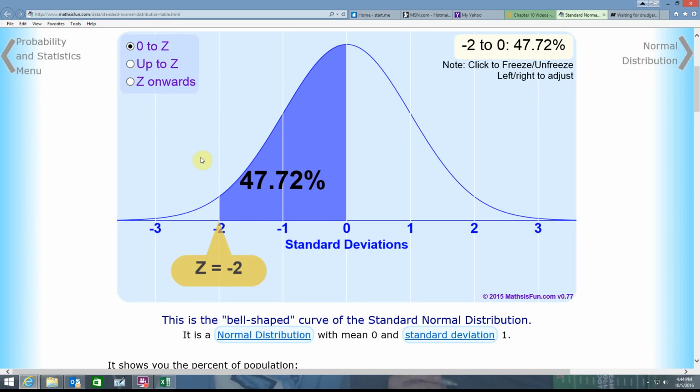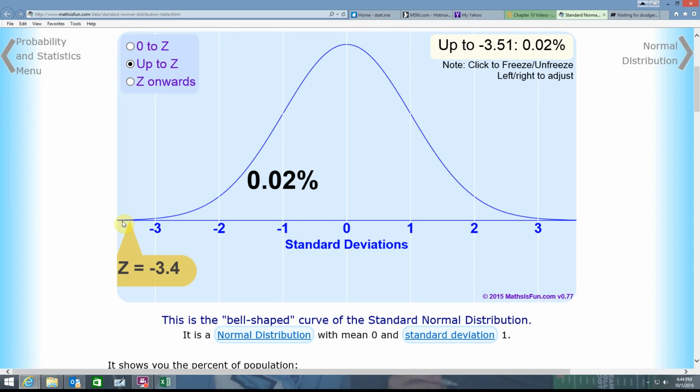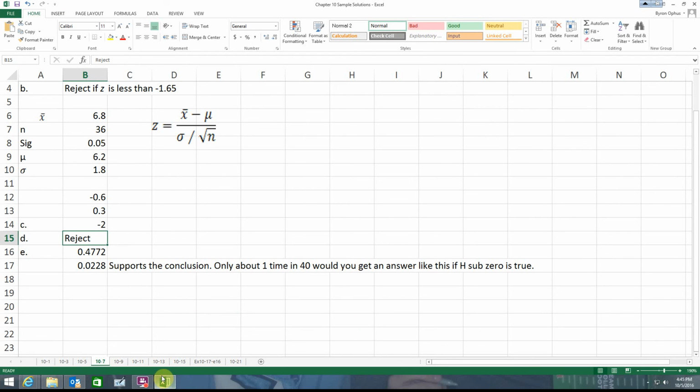And so we could do it this way too. You know, we could say from here up to 2.28%. That's what I have here. I don't have it expressed as a percent, but I sure could.